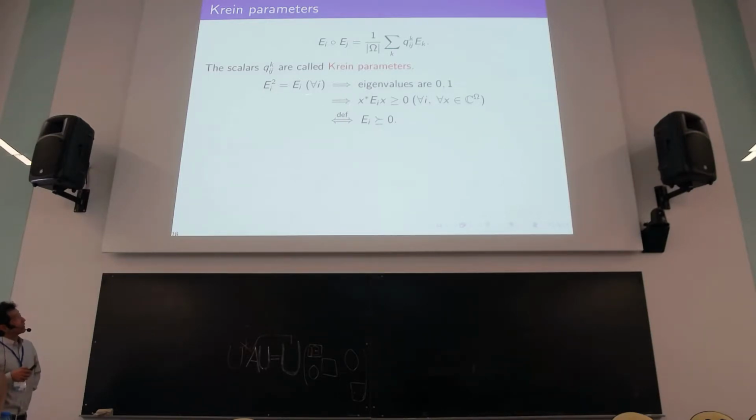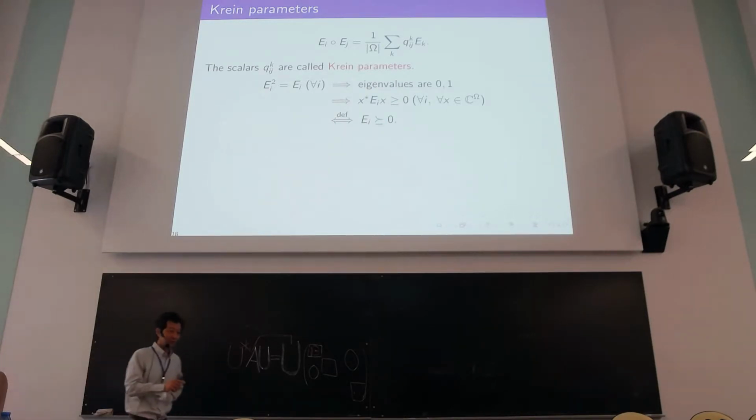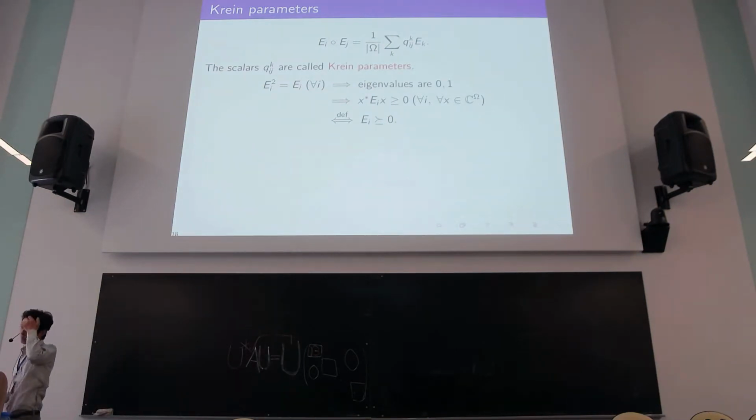So the eigenvalues are just 0 and 1. Of course, it comes from a diagonal 0-1 matrix sandwiched by a unitary matrix. So all eigenvalues are non-negative, and it is Hermitian, so it is a positive semi-definite matrix.